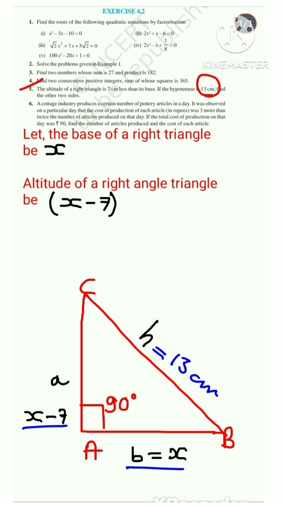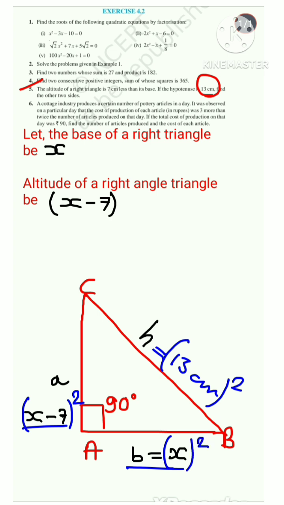And for that, we can apply Pythagoras theorem over here, right? According to Pythagoras theorem, square of hypotenuse is equal to sum of square of altitude and square of base.